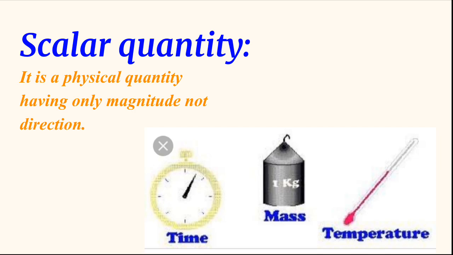Here 2 kilometer north cannot be a scalar quantity, because we have said not direction, and north is a direction, as are right and left. So every quantity which has direction cannot be a scalar quantity.